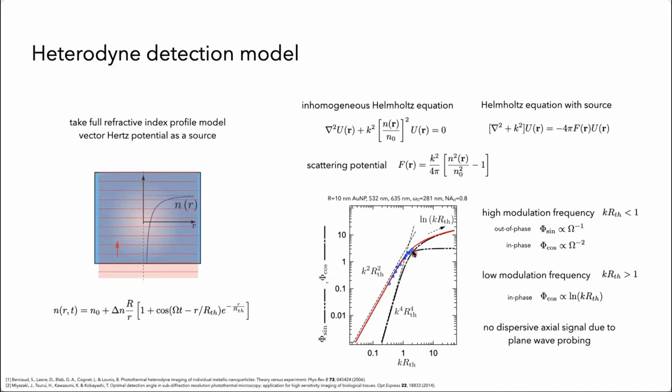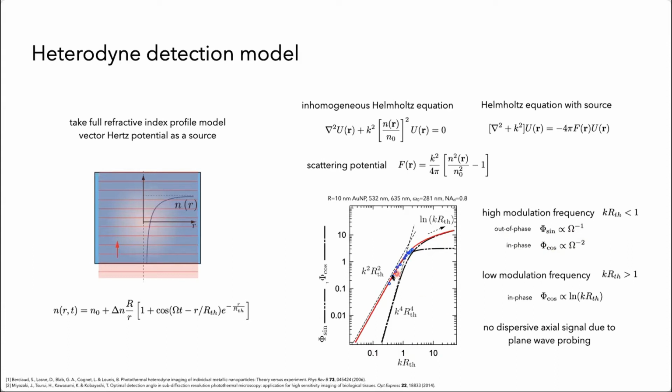You see that the out-of-phase signal, the sine signal here, at high modulation frequencies, so beyond 1 here, below 1, this is the wave factor multiplied with RTH, so it's RTH over lambda essentially, scales again with 1 over the modulation frequency. This is what you've seen earlier already.